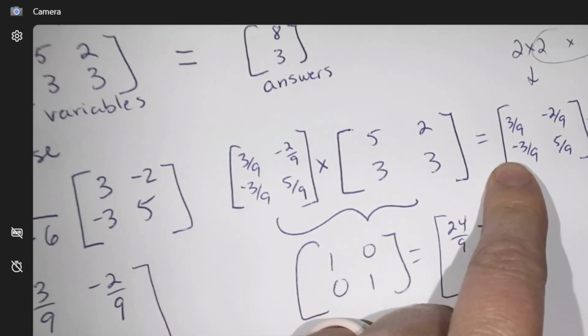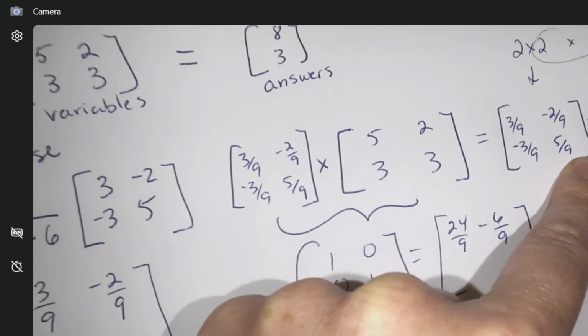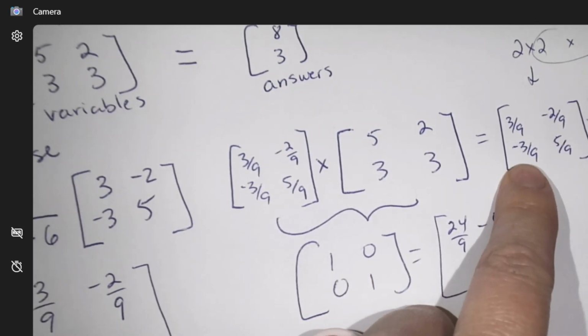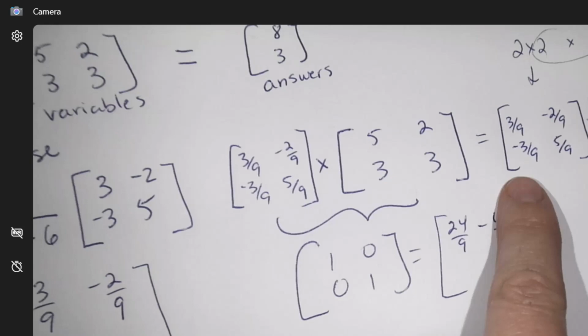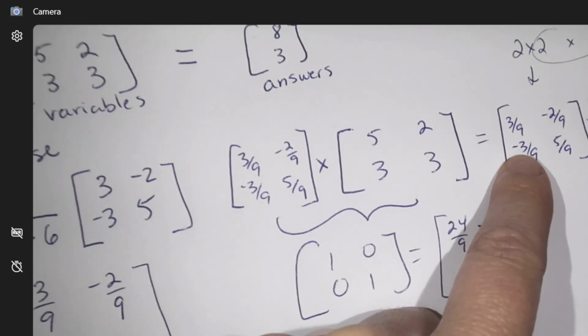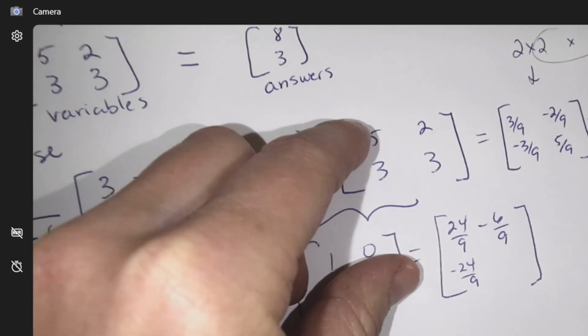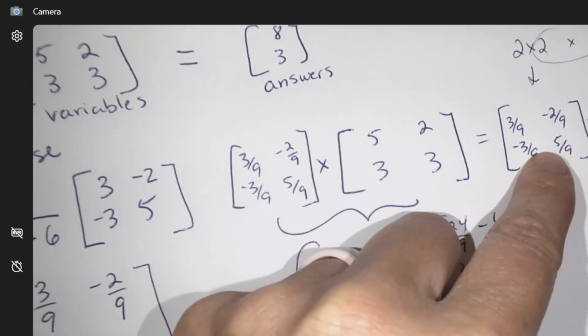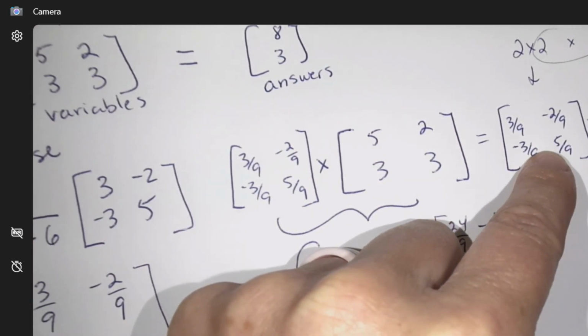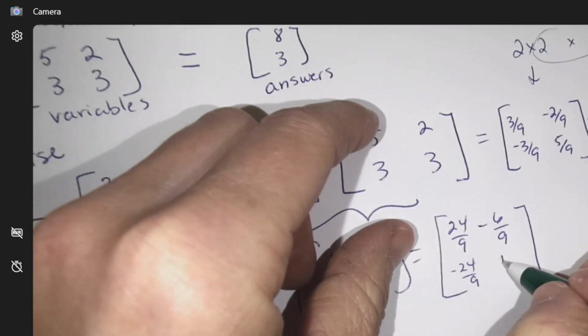Now I'm going to do row 2 with column 1. So this is going to be negative 24 over 9. And this is going to be 15 over 9.